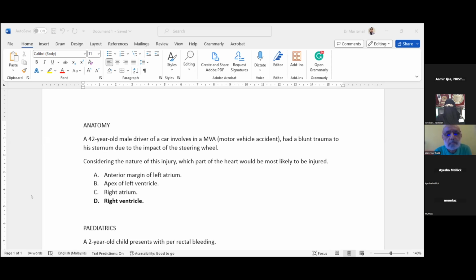The only thing is that when the heart is injured, especially if it's first year, learning happens most at the assessment level. So the students may not think that if the right ventricle is affected, the rest of the heart can be okay. So the lead-in should say which part of the heart would be injured the most. All of the heart would be affected, but which would be the part injured the most?